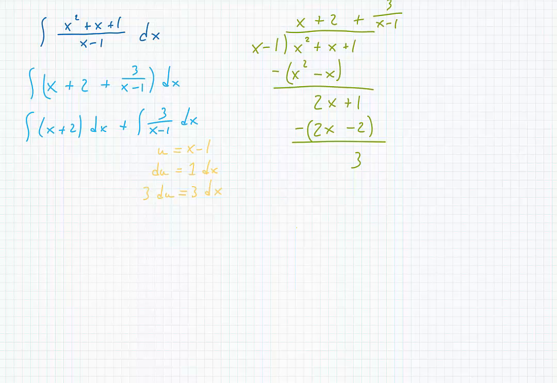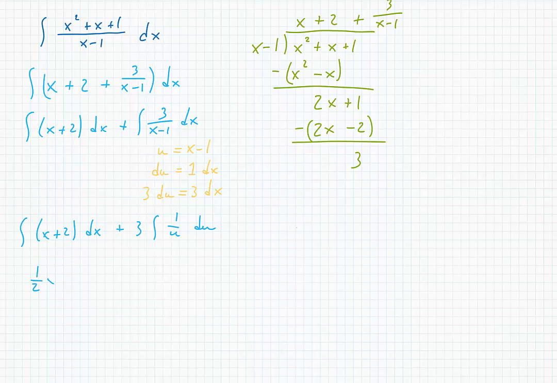And we end up with the antiderivative of x plus 2 dx plus 3 times the antiderivative of 1 over u du.